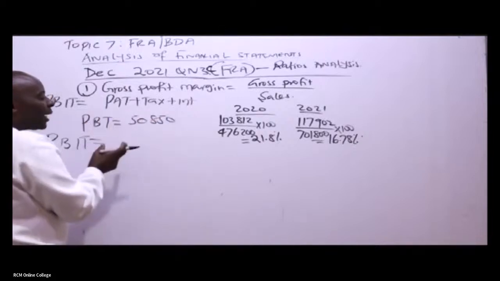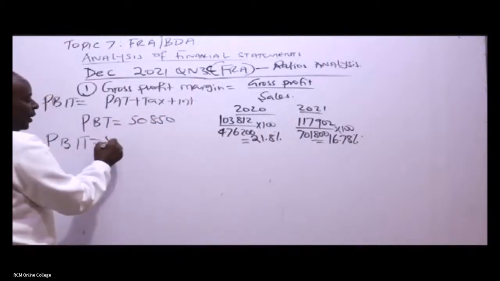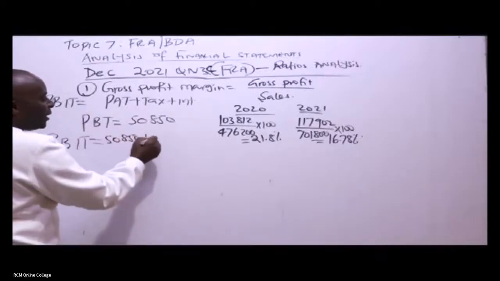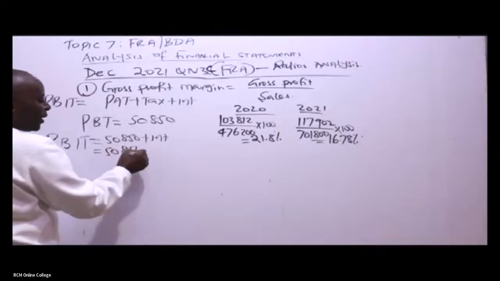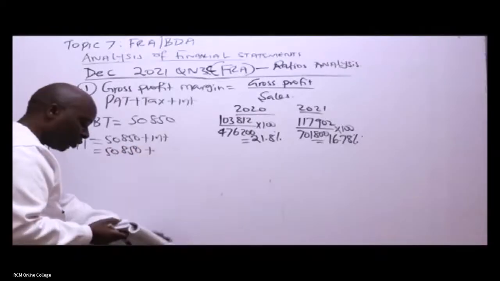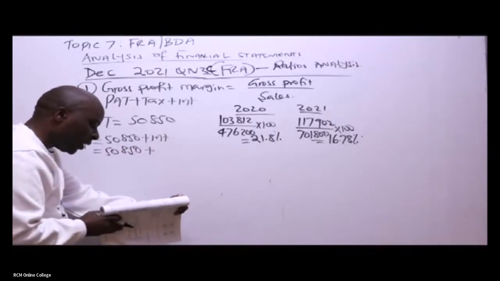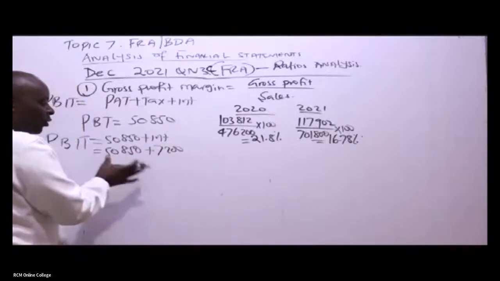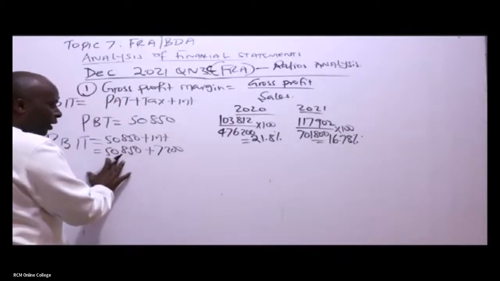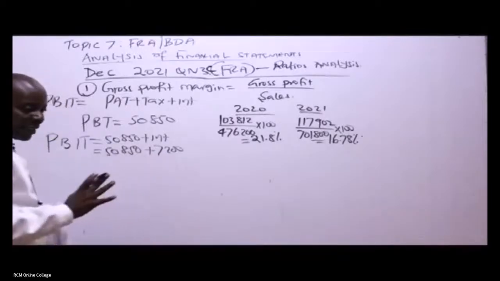How do we convert it back to PBIT? Very easy, add the interest to it. And interest is the same as finance cost. The finance cost there is 7,200. So this plus this, I hope now this makes sense.